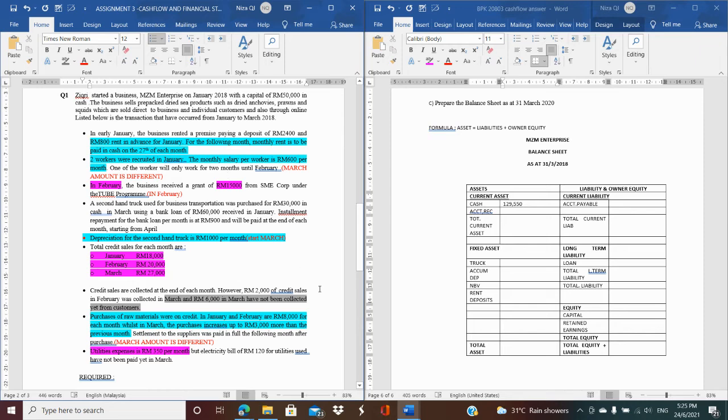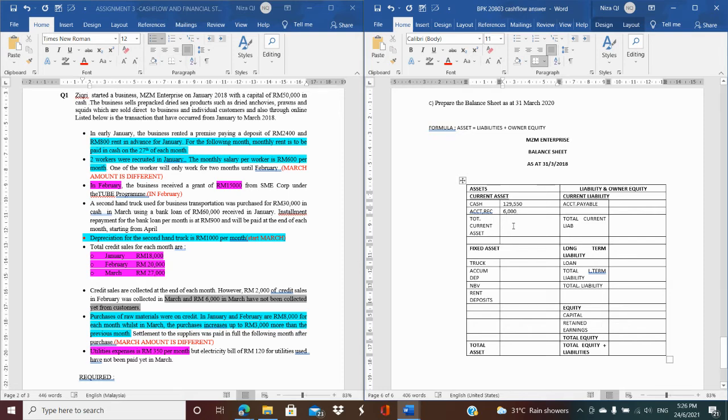In March, it stated that 6,000 has not been collected yet from customers. So there is accounts receivable. We have not received any payment from March. The amount is 6,000. Any more accounts receivable? No supplies. It didn't say anything about any supplies outstanding, so you don't have to put anything for the supplies.